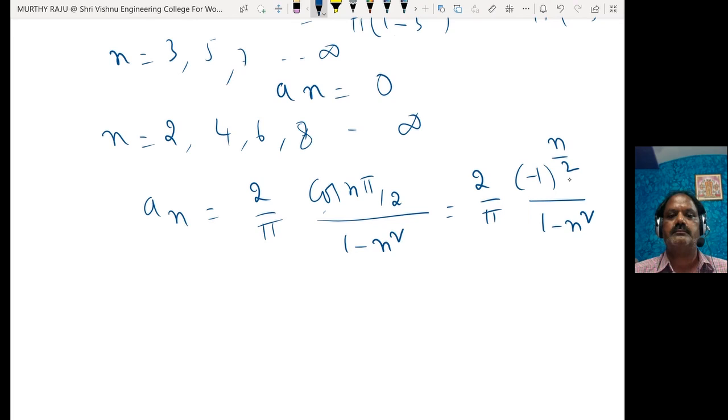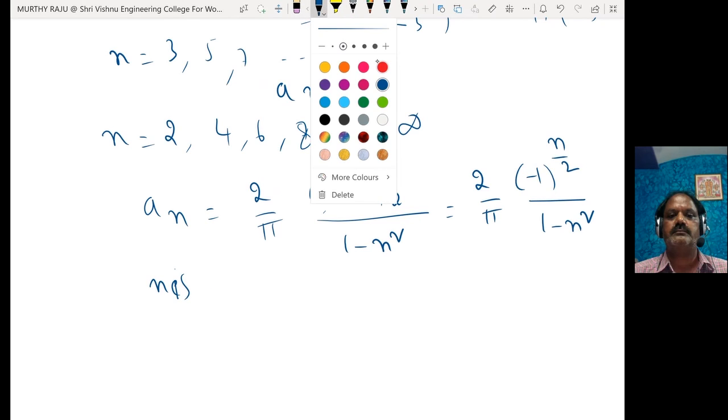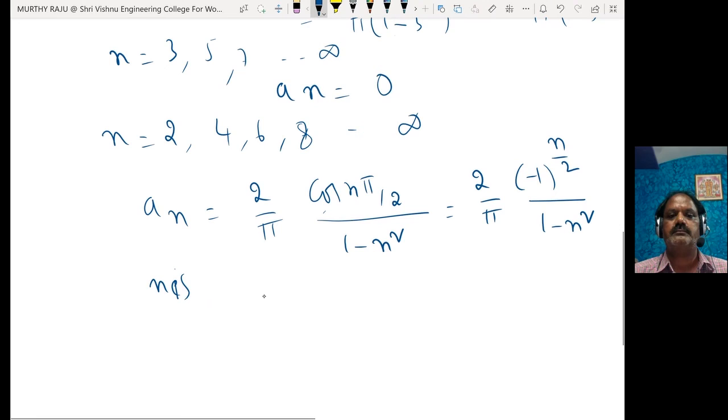Substituting n is equal to 2, it has some value like that. For even values, n is even. Therefore, an is equal to 2 by pi, minus 1 whole power n by 2, by 1 minus n square.